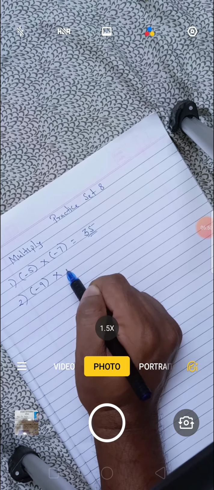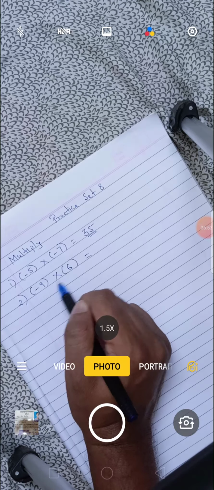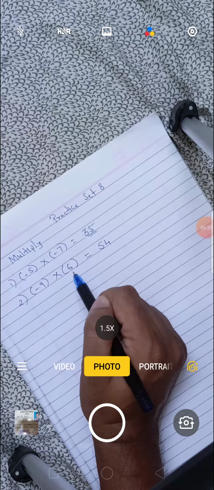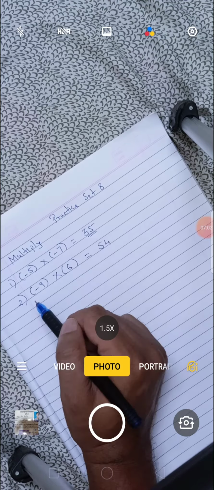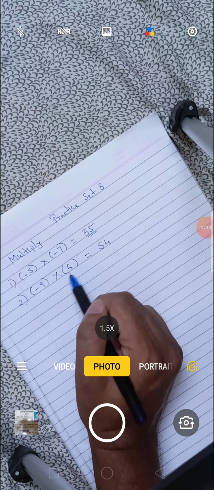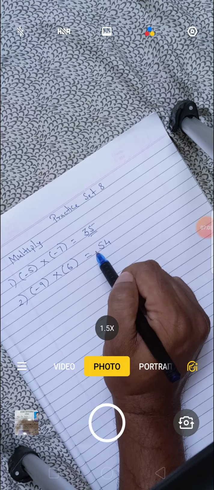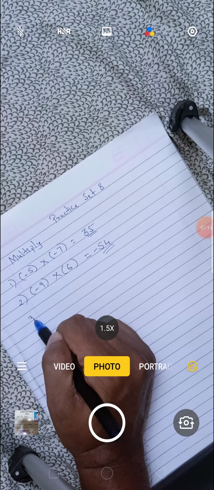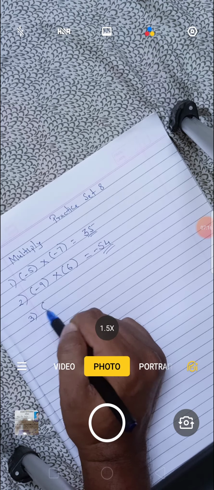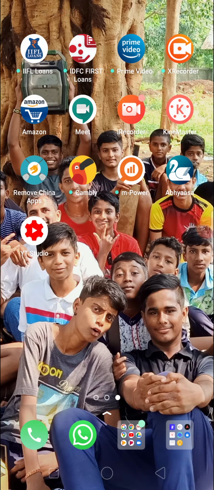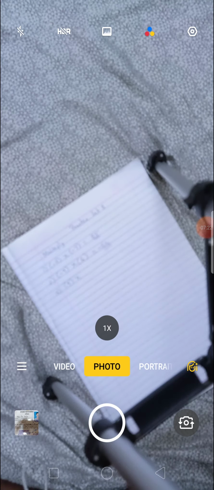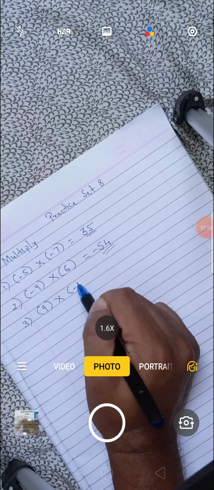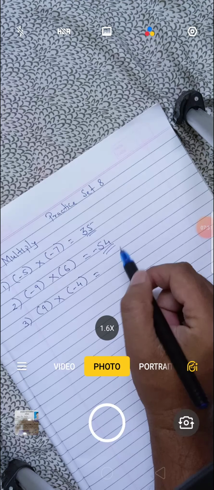Second sum, -9 into 6. First do multiplication. 9 6s are 54. One negative, one positive. So which property? The product of a positive integer and a negative integer is always a negative integer. So the answer will be -54. Third sum, 9 into -4. 9 4s are 36.